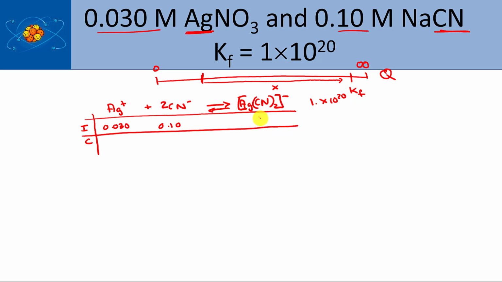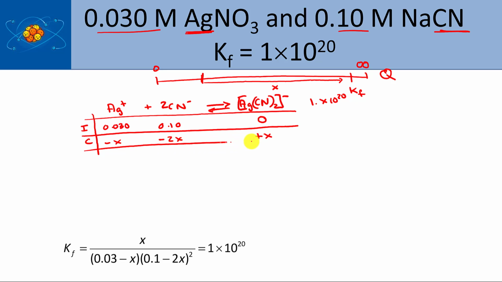Now, unlike solubility products, we have to put a 0 there, because that's going to form, it's not a solid, right? So it's going to stay in solution. And then I'm going to have a -x and a -2x and plus x. And then, oops, sorry, that's the answer.